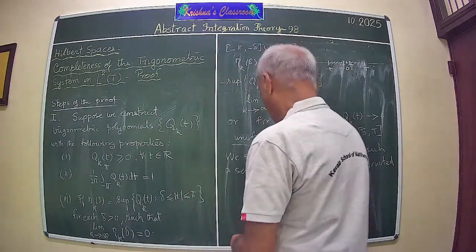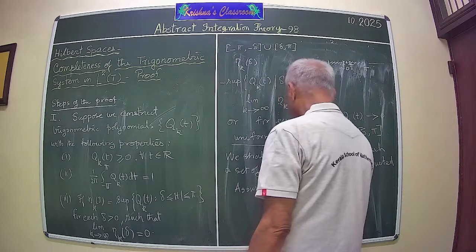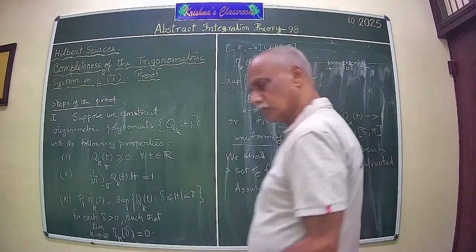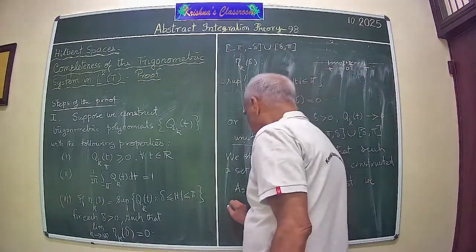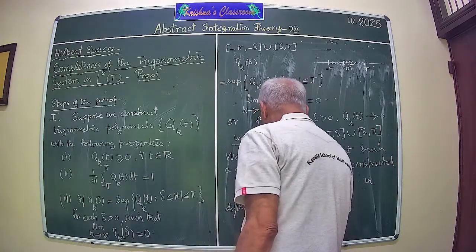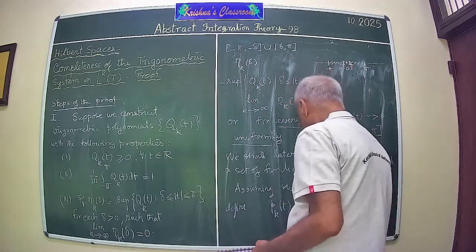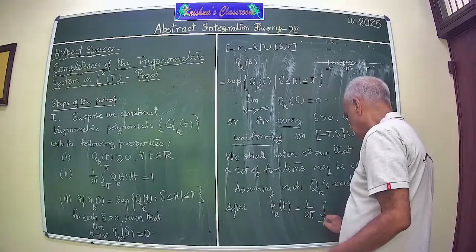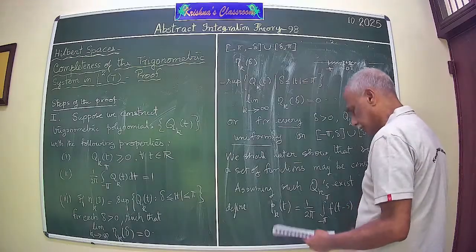Assuming they exist, we define Pk(t) as 1 upon 2 pi times the integral from minus pi to pi of f, a sort of transform that we take.